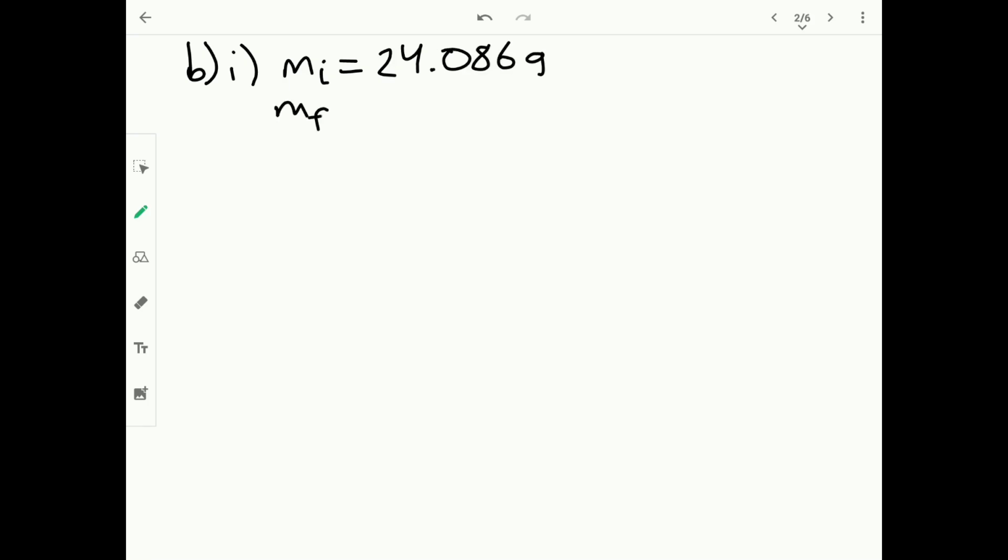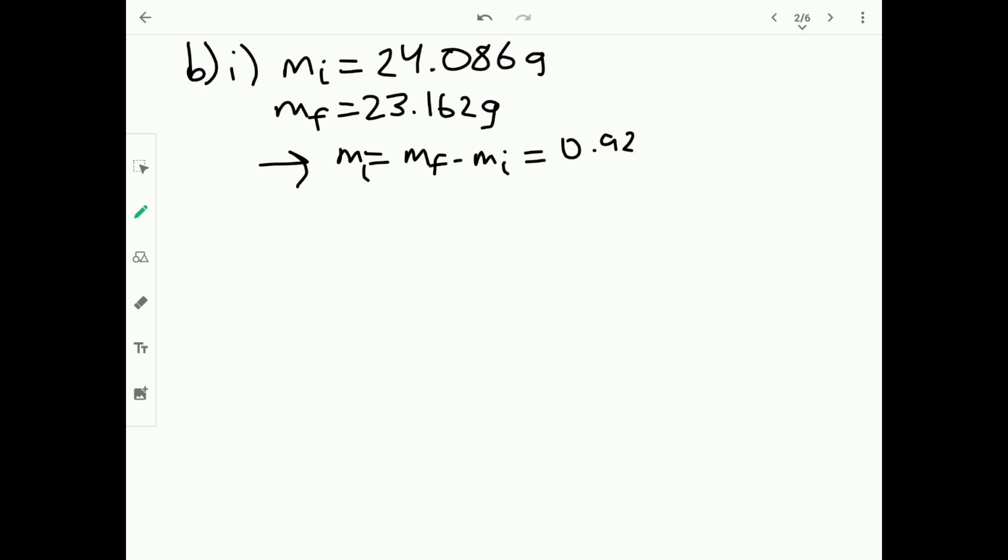The final mass after losing water is 23.162 grams. What's the difference, the mass lost? The mass lost is M final minus M initial, which gives us 0.924 grams. So we can say that 0.924 grams of water had been evaporated.